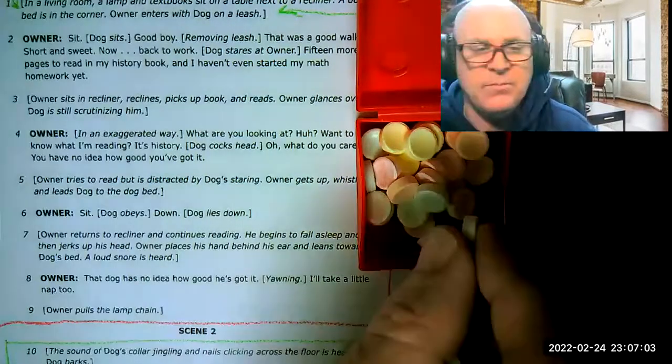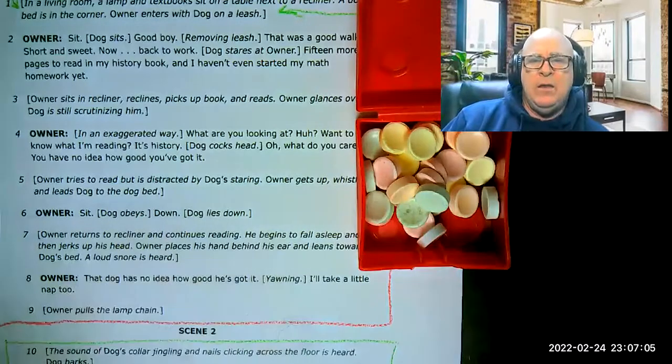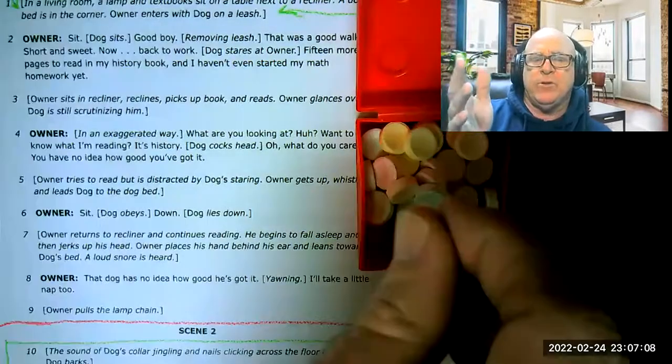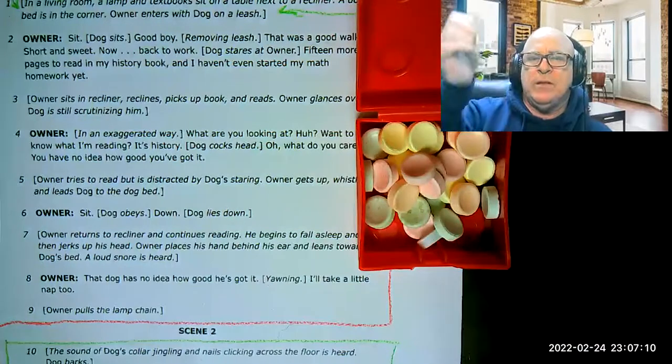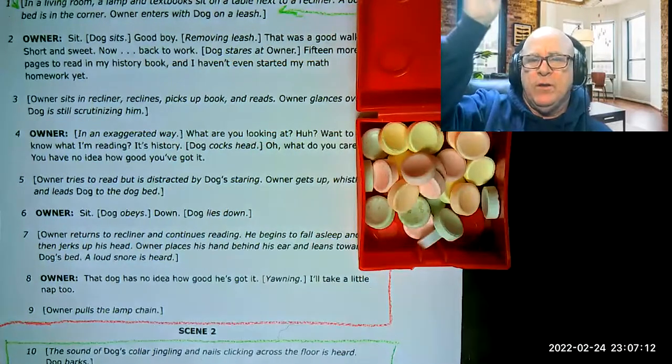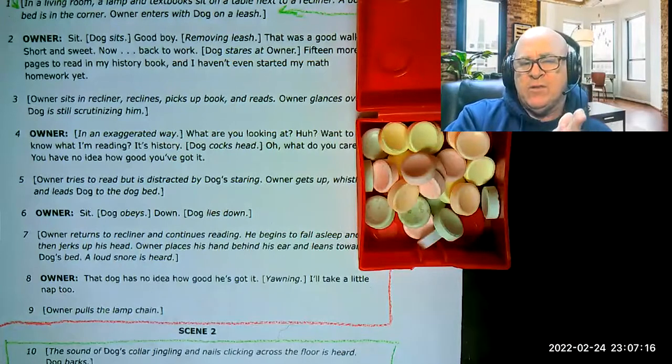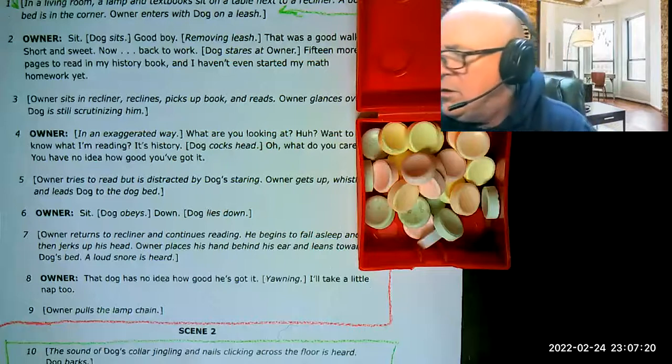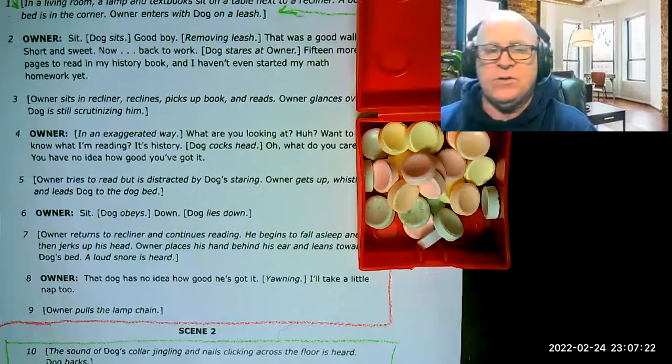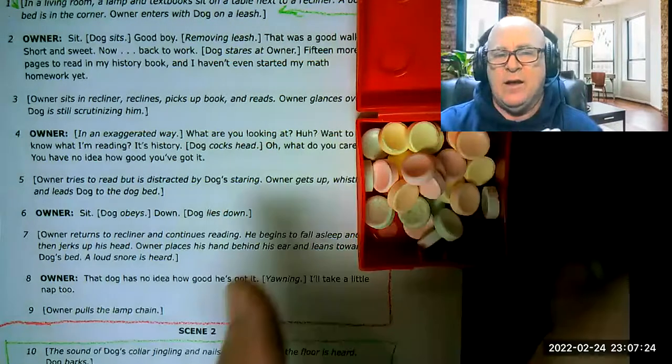I'll take a little nap too. And stage directions, owner pulls the lamp chain. Cut, because whenever you have the scene finishing, then you've got to say cut instead of action.